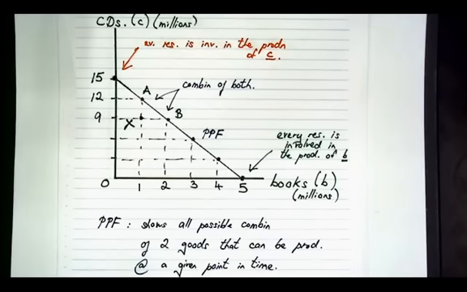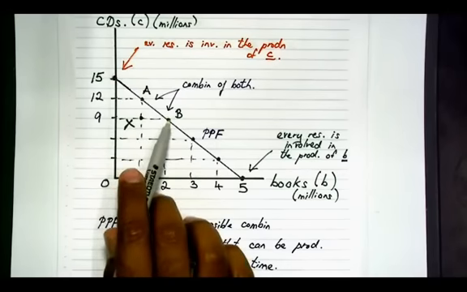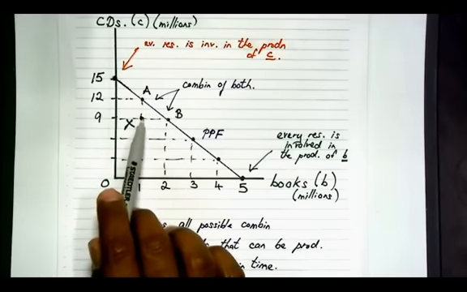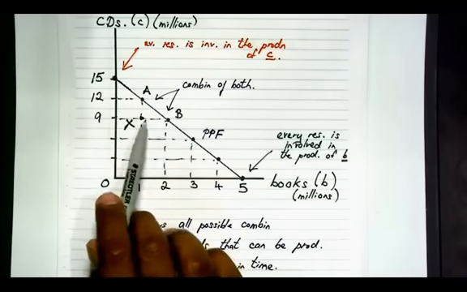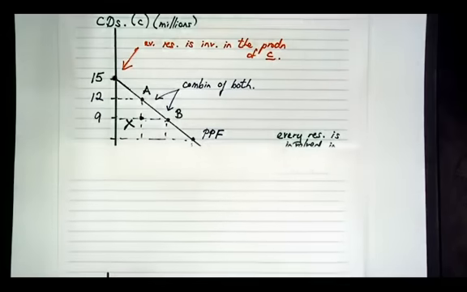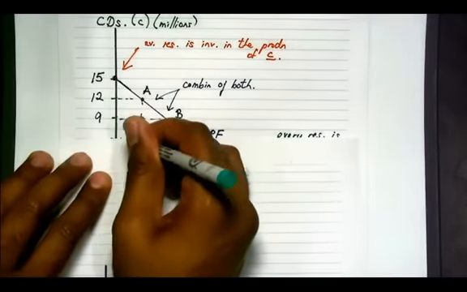Compared to A, X simply has fewer CDs, and compared to B, X simply has fewer books. So if you can produce A, you can produce X. Likewise, if you can produce B, you can produce X as well. So A is possible, B is possible, X is also possible, but what's the difference with X?